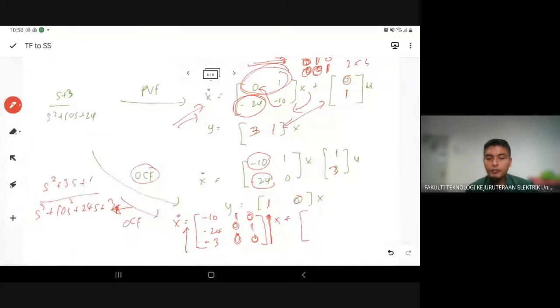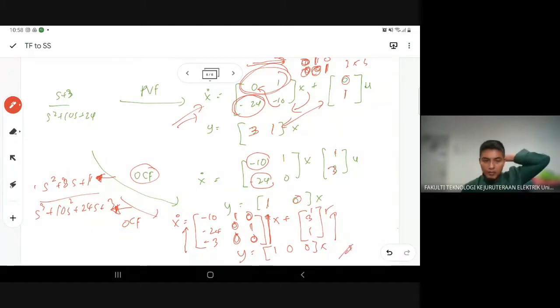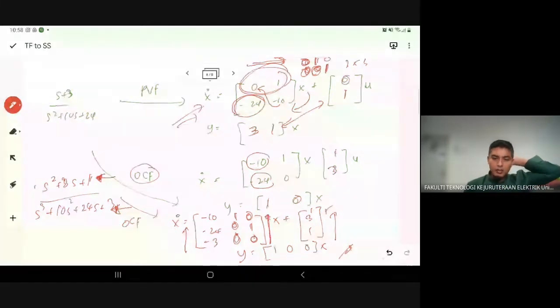Last bit, for the B, you need to refer to the numerator part: 1, 3, 1. Read again, so you need to write from bottom to top: 1, 3, 1. And then for the output, Y, you just write 1, 0, 0 times X. So this is the answer for how to convert from the transfer function to OCF.